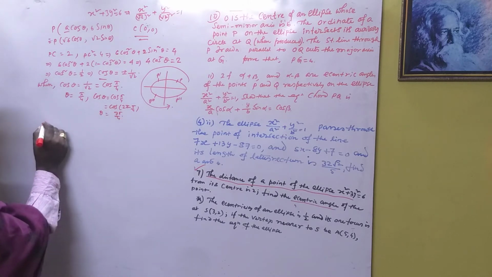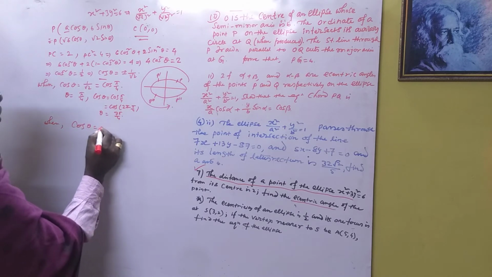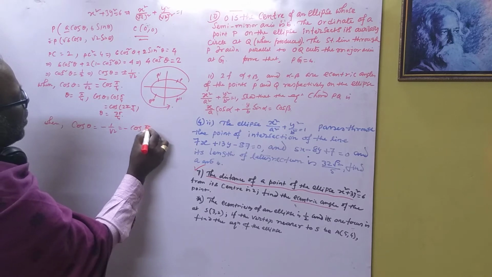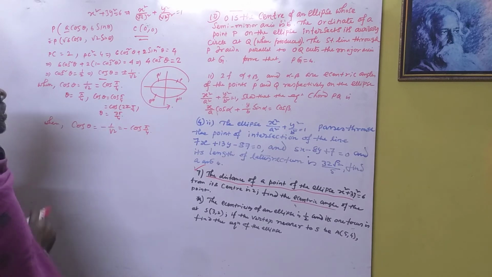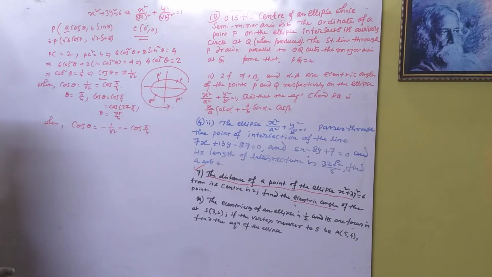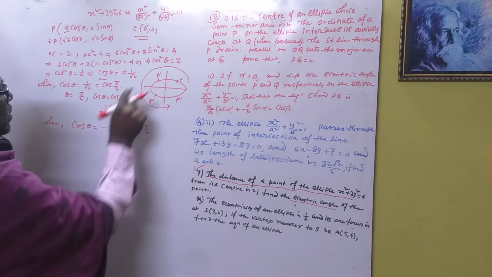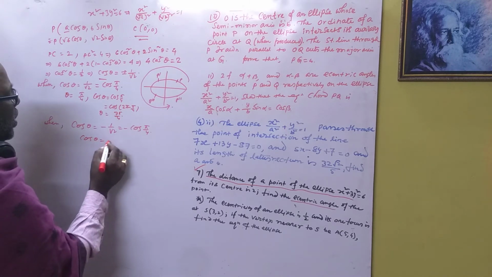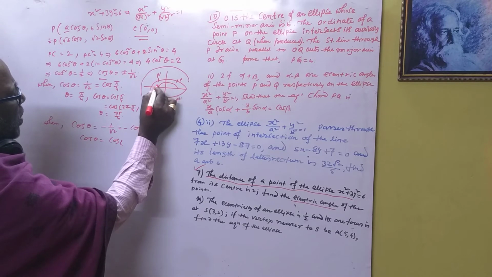And when cos theta is minus 1 by root 2, it is negative in the second quadrant and the third quadrant, where cos is negative. So when theta lies in the second quadrant, cos theta is equal to minus cos pi by 4, which can be written as cos of pi minus pi by 4.